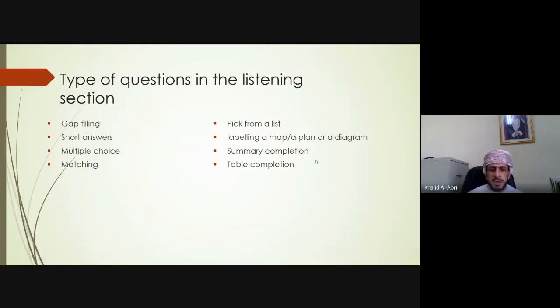Instead of a summary, they might include tables. For example, there might be information about animals, the speaker will mention some categories like dangerous types, and they will ask you to complete this in a table. Generally, these are the types of questions in the IELTS listening section.